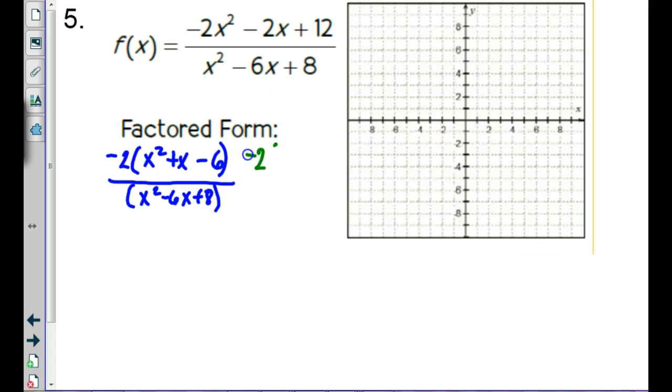Got to keep that negative 2 out there, so it's going to change the shape. Good call. Denominator? x minus 4, x minus 2. Does everybody agree with DeAndre? Okay. He's the factor master.